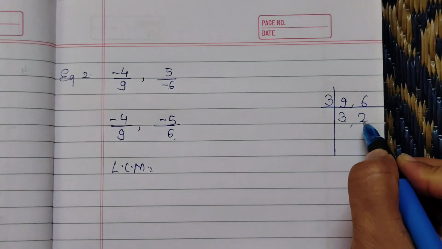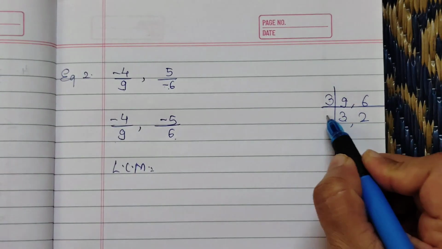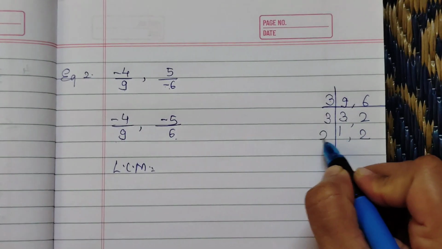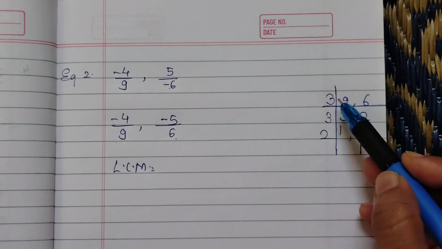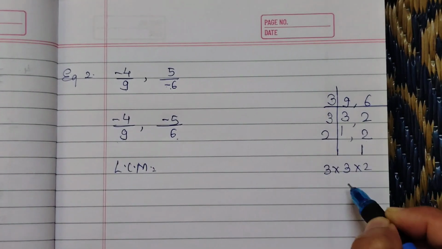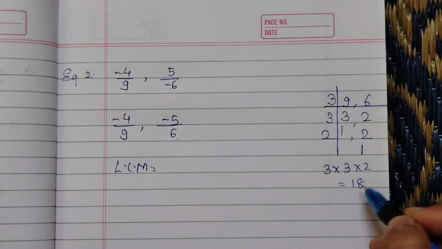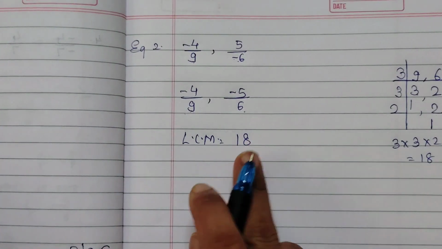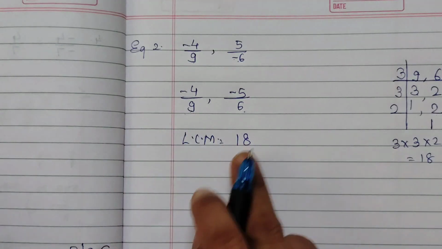Again 3 1s are 3 and 2 comes down. 2 1s are 2. So I got 3 into 3 into 2, how much? 18. 3 3s are 9, 9 2s are 18. So the LCM is 18, meaning I should bring the denominator up to 18.